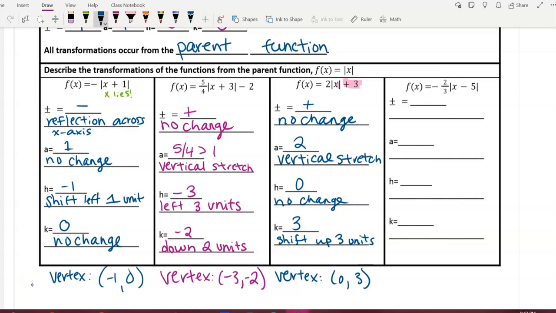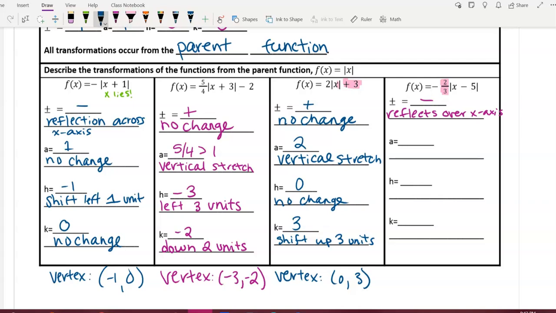All right, now this last one, is this positive or negative? Negative. It is reflecting. Oh, okay, I really can't spell tonight. Reflects over x-axis. Now the a value is 2 over 3.